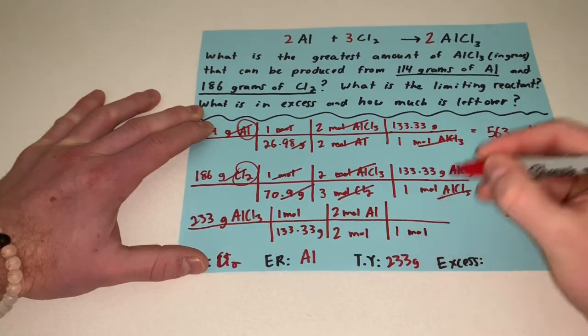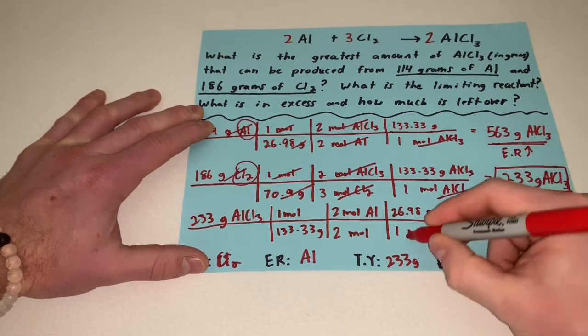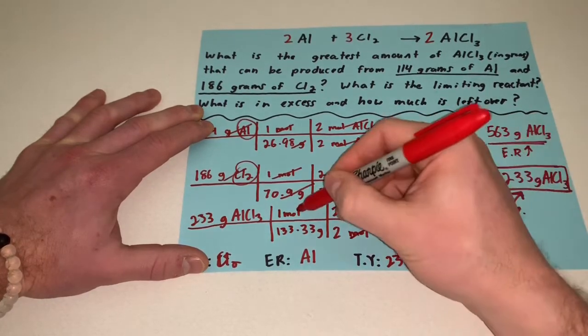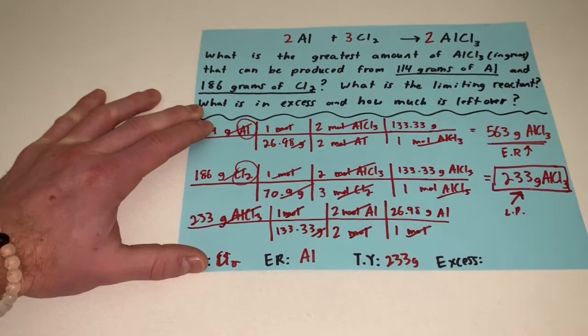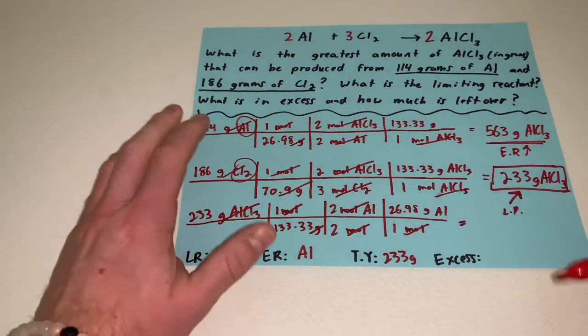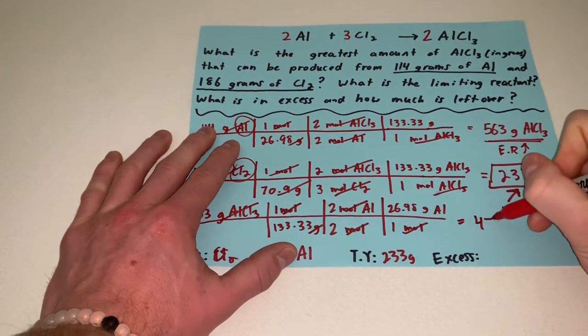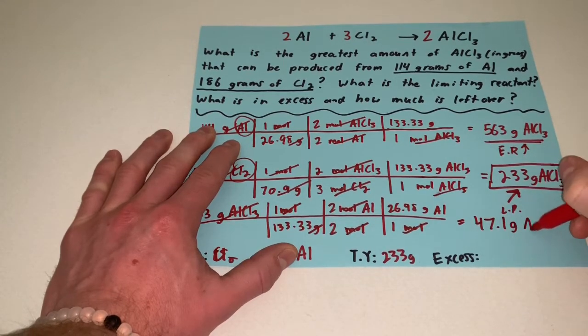And then 1 mole of aluminum has a mass of 26.98 grams. Just got to look at the periodic table for that. So when I go from grams of aluminum chloride to grams of aluminum, that comes out to 47.1 grams of aluminum.